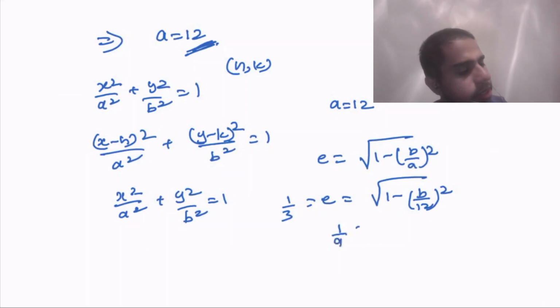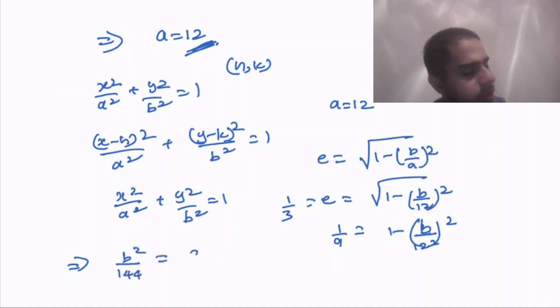So 1 by 9 is equal to 1 minus b by 12 the whole square. We'll get b square by 144 is equal to 8 by 9.